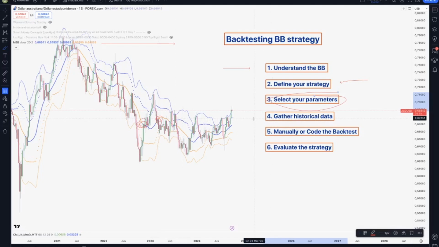After that, we will need to gather the historical data. So use historical price data, for example open, high, low, close, and volume as well, for the assets you are testing. It can be stocks, forex, etc. And after all of these parameters, you can do it manually or even code the backtest.